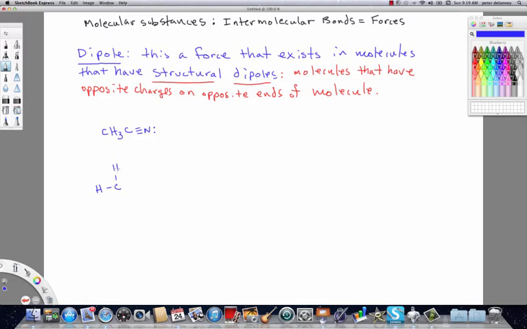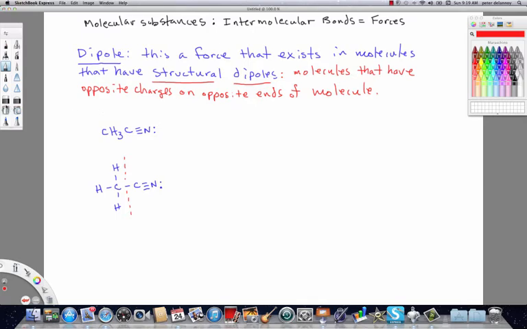So I'm going to expand the formula on this so that we can see the Lewis formula, so we can see the arrangement of all the atoms in the molecule. And when you look at this, you can see clearly that there are two ends to the molecule. And I use this idea of top and bottom. It's completely arbitrary.